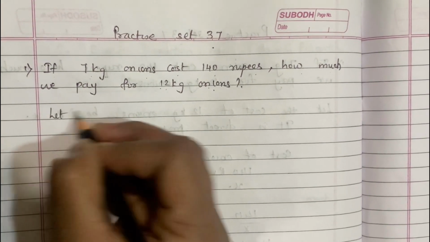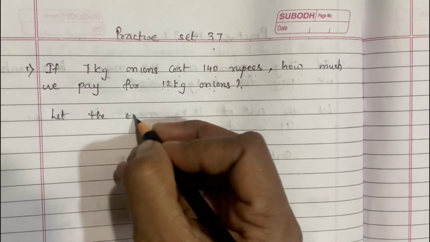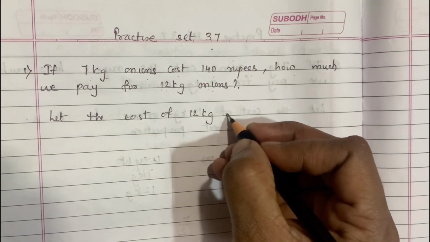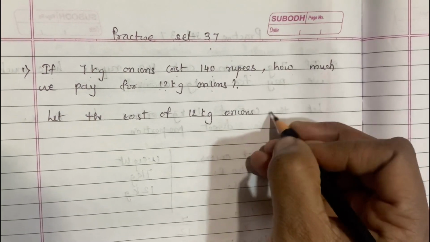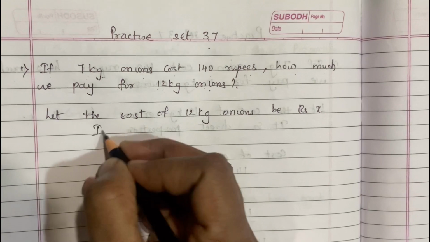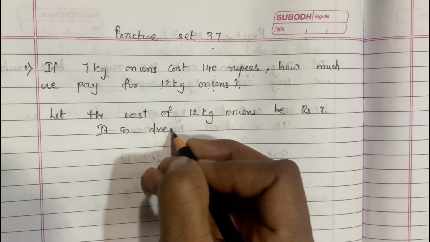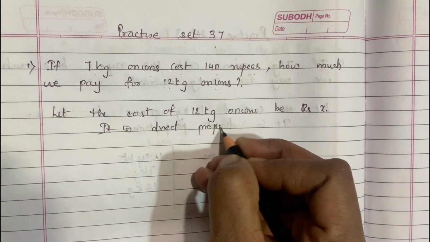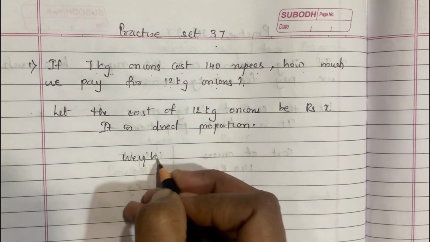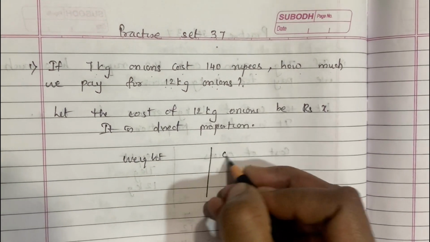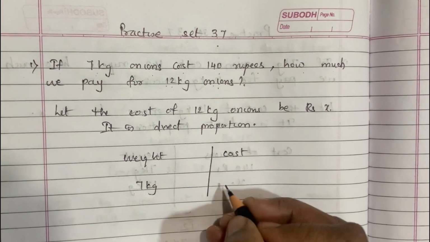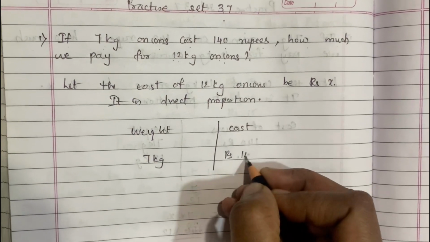Let the cost of 12 kg onions be rupees X. Now it is a direct proportion. We'll make two columns, weight and cost. Now 7 kg of onion, how much does it cost? 140.